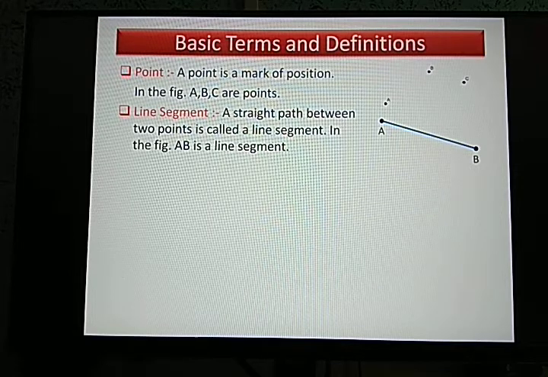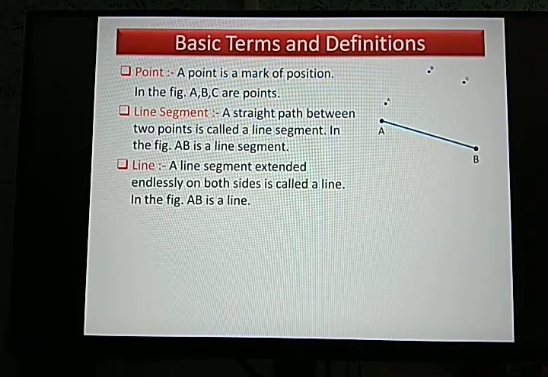Now a line segment has 2 endpoints. Here in our case, the line segment AB has 2 endpoints A and B. It is finite and it has a definite measurement. Clear? Now moving on.